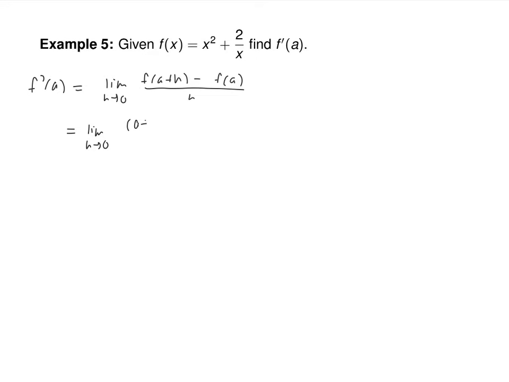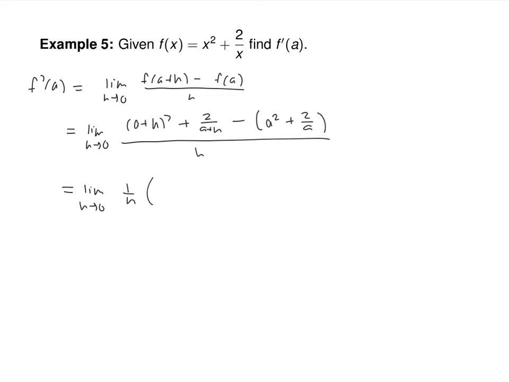A plus h squared, plus 2 over a plus h, and then minus parenthesis a squared plus 2 over a, all that jazz over h. And I really hate fractions within fractions. I'm going to make that 1 over h times stuff.